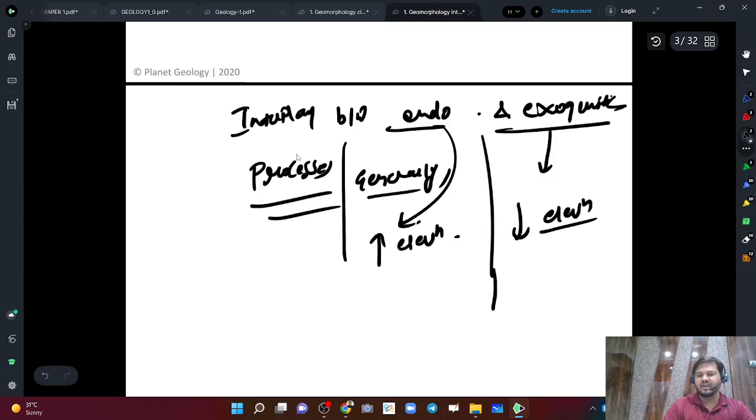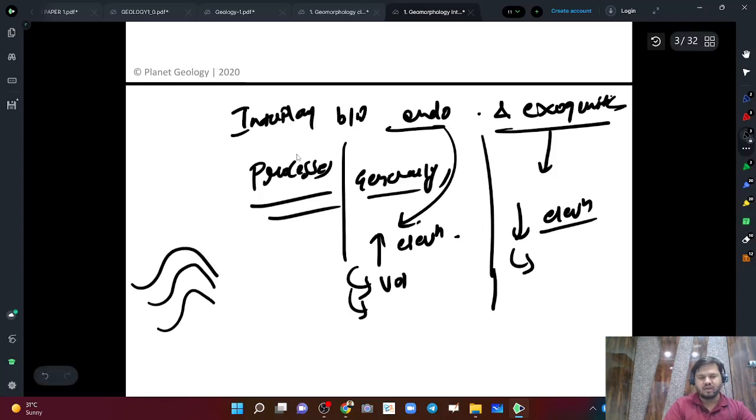For example, examples of endogenetic processes are volcanism, earthquakes, and folding. Folding also appears to increase the elevation. Volcanoes also: this is the surface of earth, and there is some volcano brewing up.